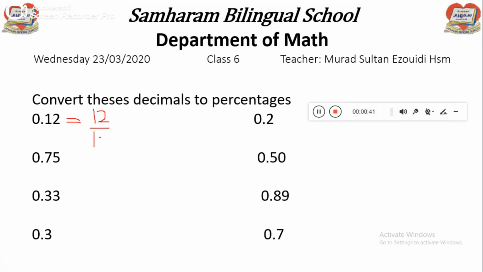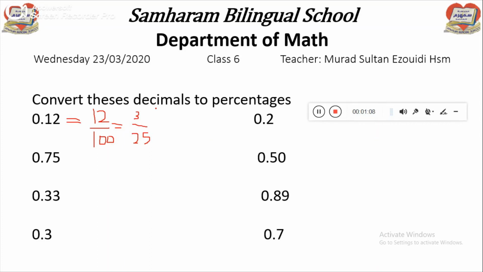If the question told you to write your answer in its simplest form, you should write 12 divided by 4 is 3, and 100 divided by 4 is 25. So the question is to write the answer in its simplest form.